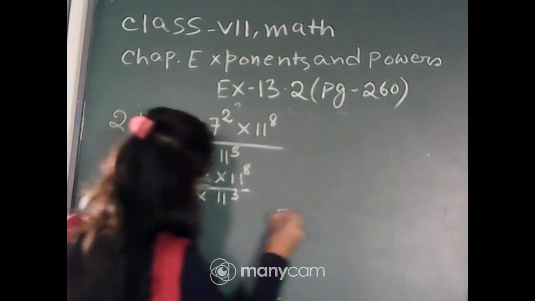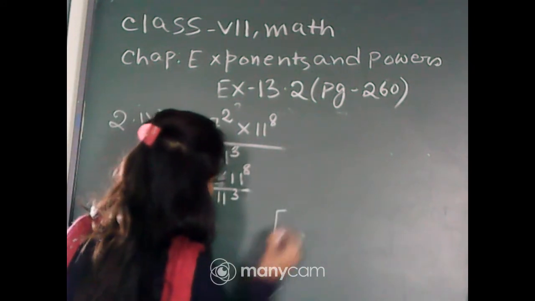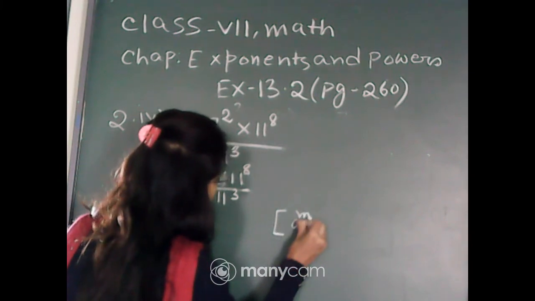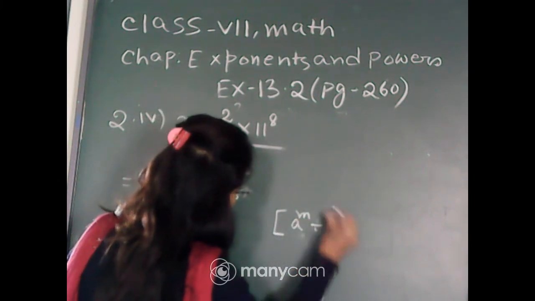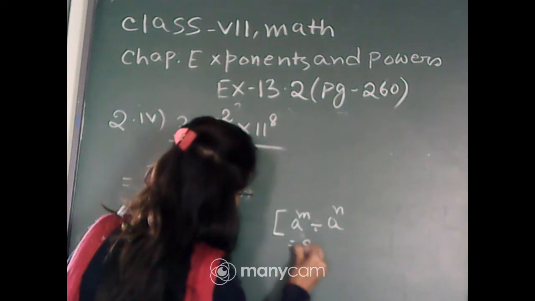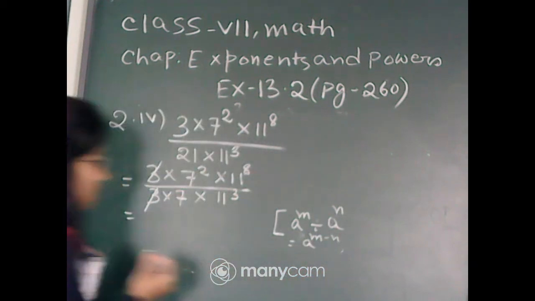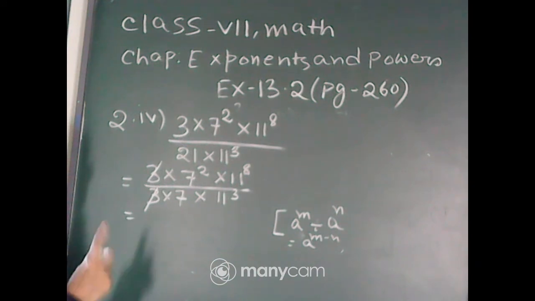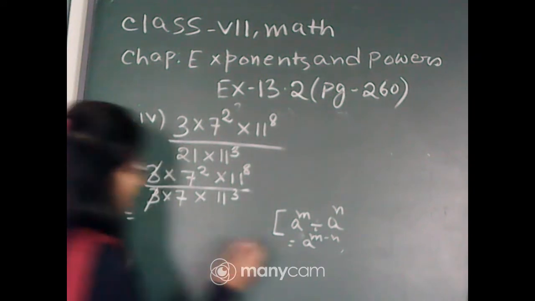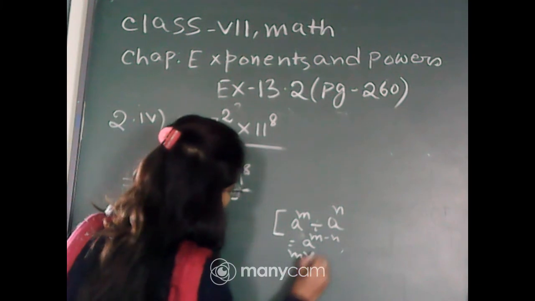Now we use the law a to the power m divided by a to the power n is equal to a to the power m minus n, where a is a non-zero integer, m, n are whole numbers and m greater than n.